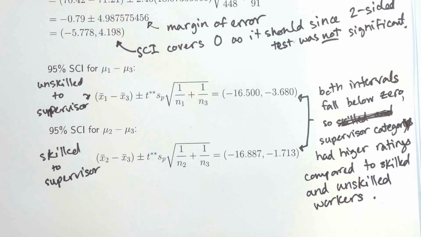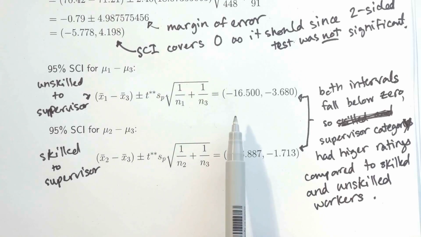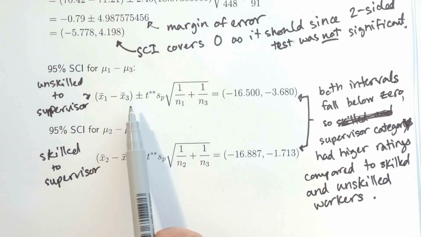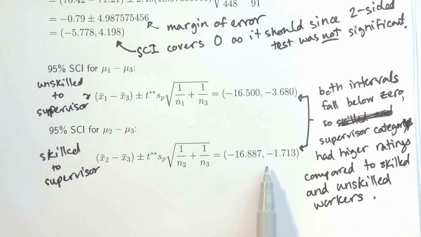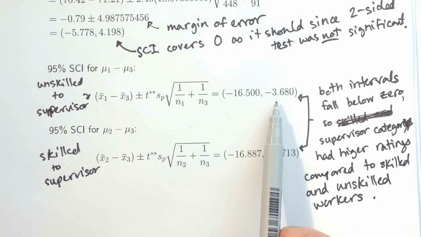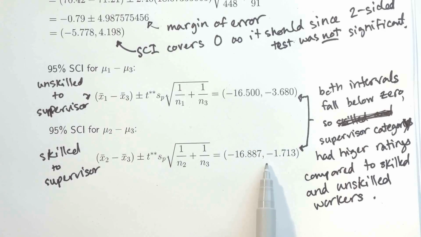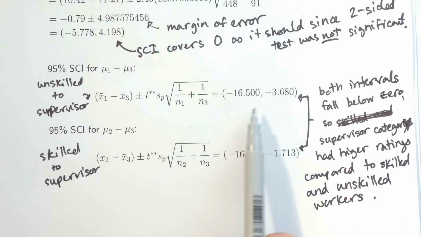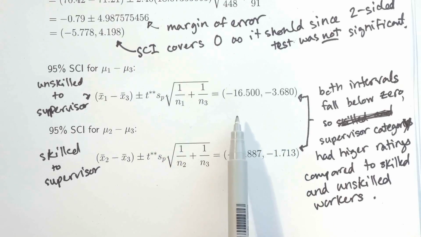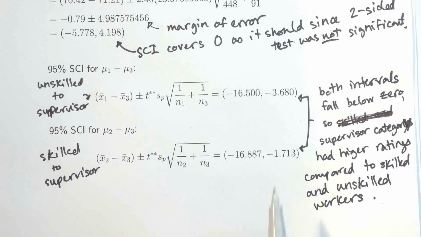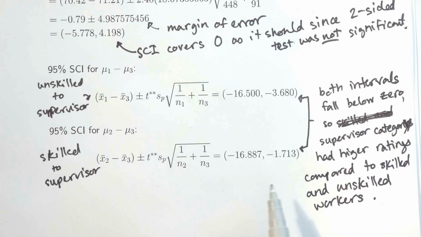What we also see is that the difference between the unskilled and the supervisor, minus 3.68, falls between this interval, and so does that one. So the unskilled to the supervisor is a little bit narrower, and it's actually covered by this confidence interval as well.